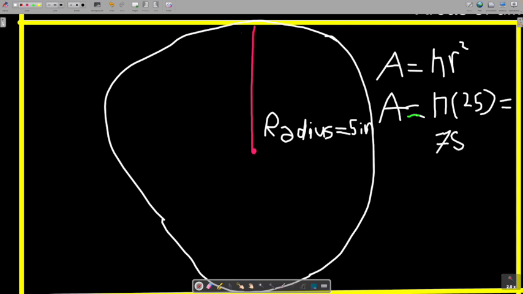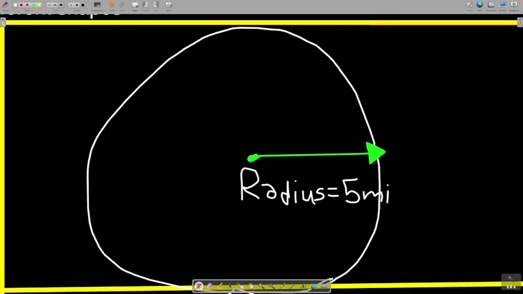So the answer is approximately 78, and then the unit will be the unit we had in the radius, which is inches. Now, do we keep it like this? No. We have to add a square because it's an area. So the answer is 78 inches squared. Almost. If you want it to be exact, we have 25 pi inches squared. That's also another answer. That's the exact answer.